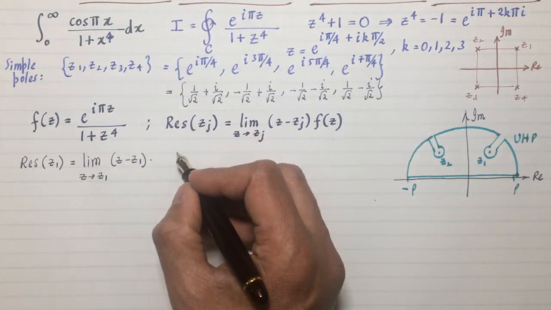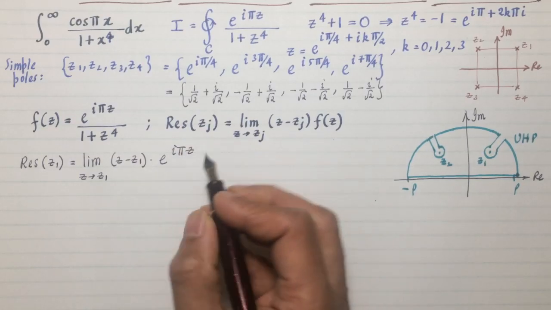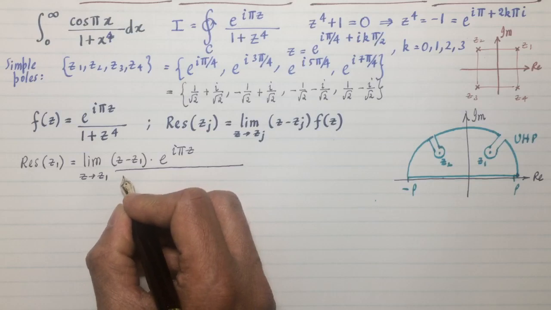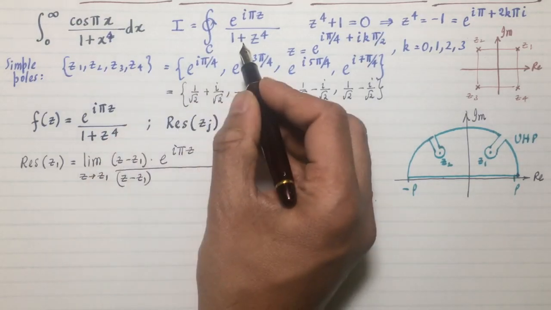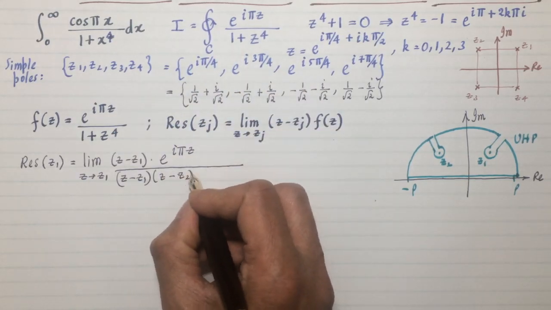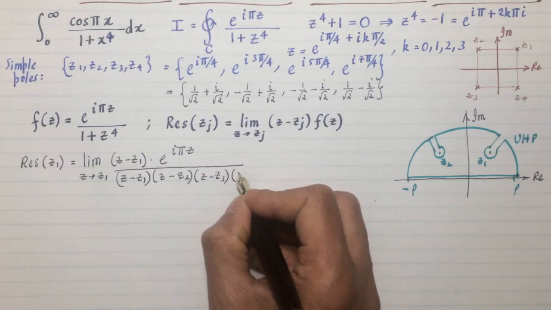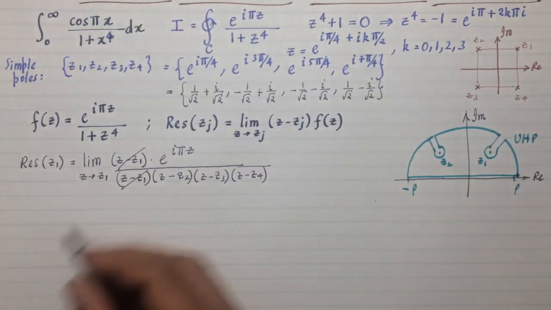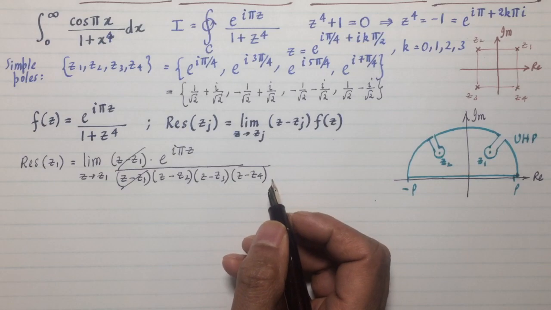So I'll write this as e to the i pi z divided by (z minus z1), because we have factored the denominator. So I can write this as a product of the factors of the fourth roots of unity. Observe that z minus z1 cancels out, and that's the only trouble spot. So this is going to give us a finite value.